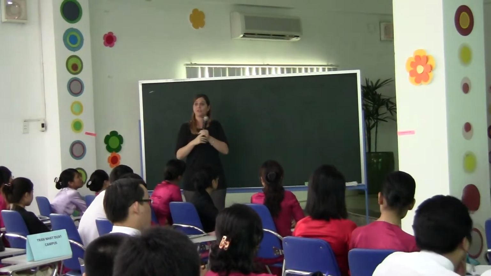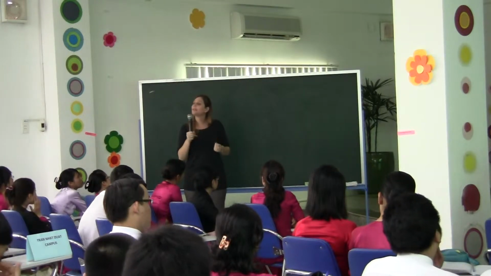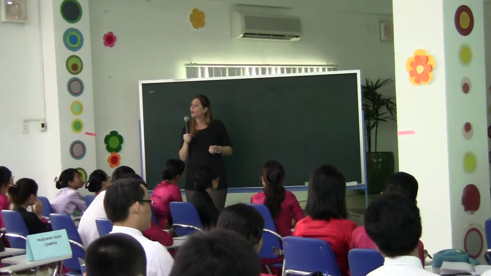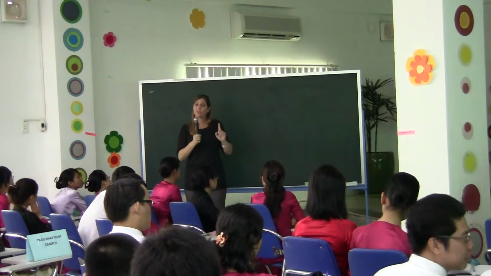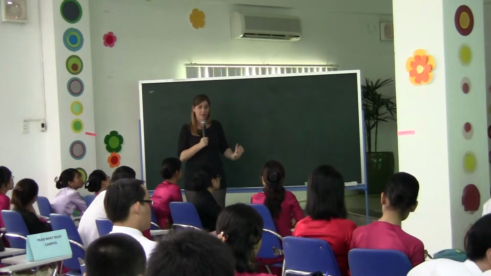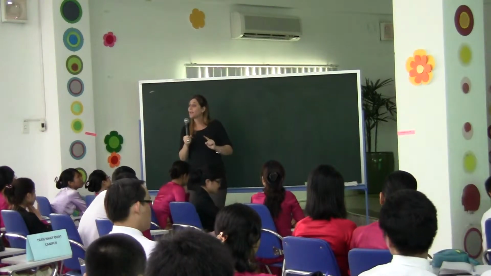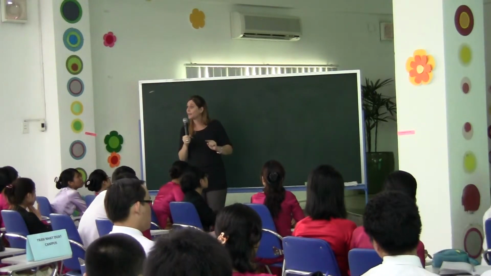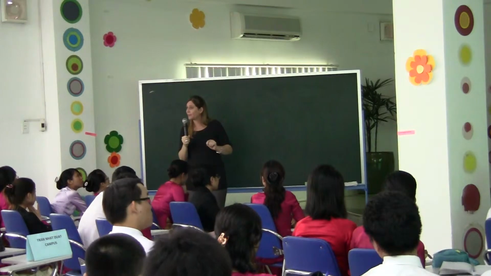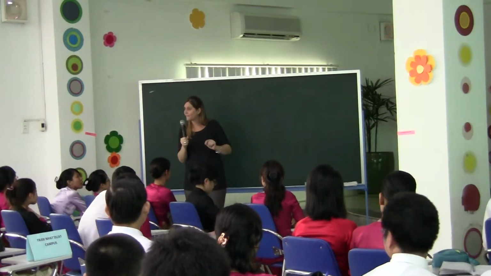There's one other thing I was just going to mention. You know when we drill language with teenagers, we have to remember that a lot of your teenagers do not like making mistakes in front of their classmates. Is that true? Yes.